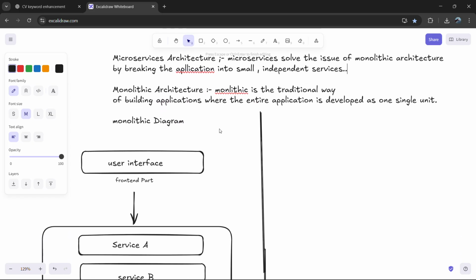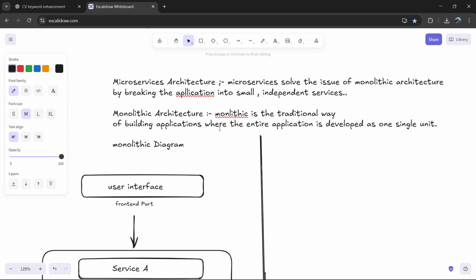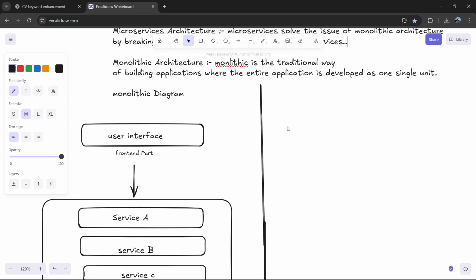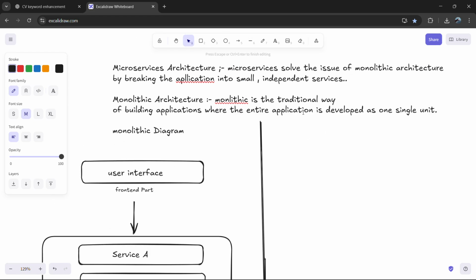Now we will see a diagram, then all the concepts will be clear. We will draw a microservices diagram to see how a microservice architecture looks.